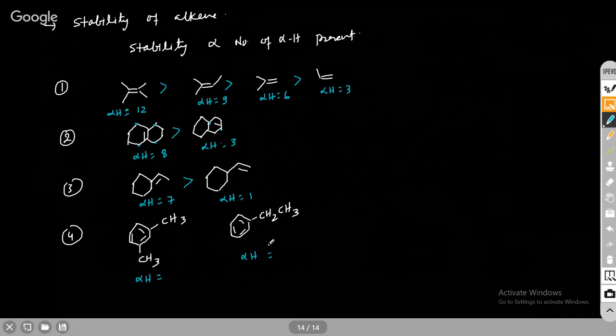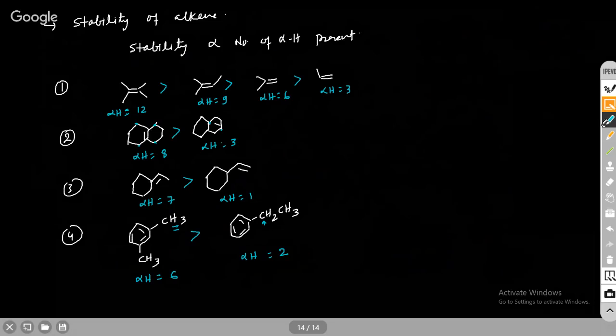Where we have 9. See, here the number of alpha hydrogen is what? 3 here and 3 here, 6. This is the alpha carbon, right? The number of alpha hydrogen here is 2. Stability will be this. Yes.